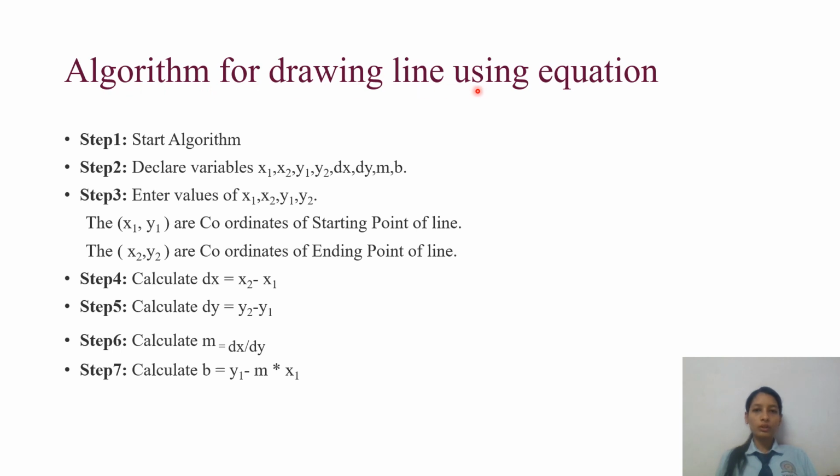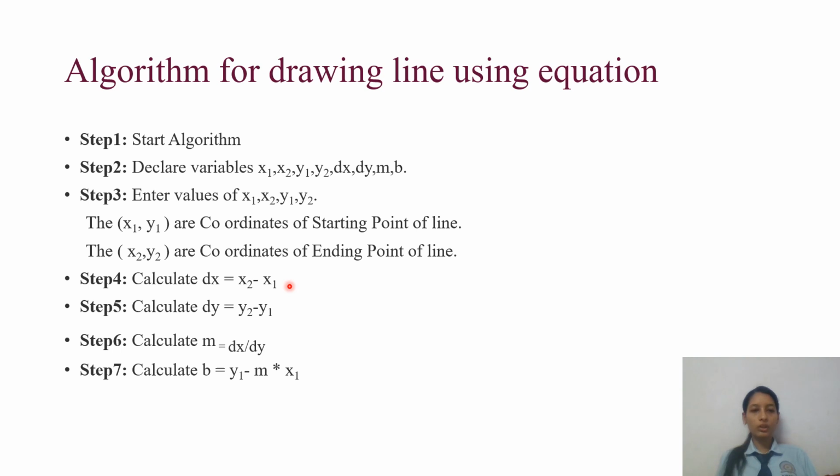Algorithm for drawing a line using the equation. Step 1. Start the algorithm. Step 2. Declare the variables x1, x2, y1, y2, dx, dy, m and b. Step 3. Enter the values of x1, y1, x2, y2. x1, y1 are the coordinates of the starting point of the line. x2, y2 are the coordinates of the ending point of the line.